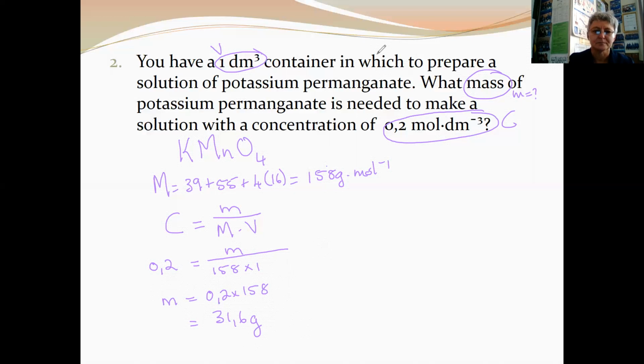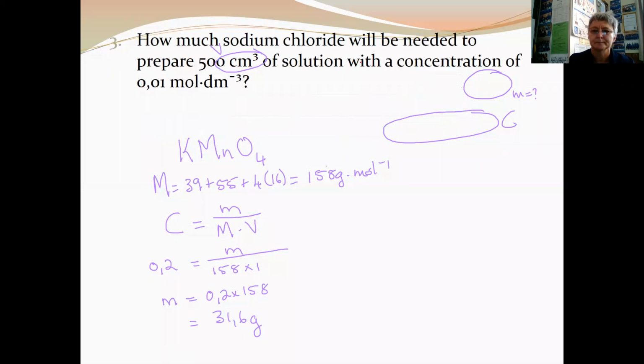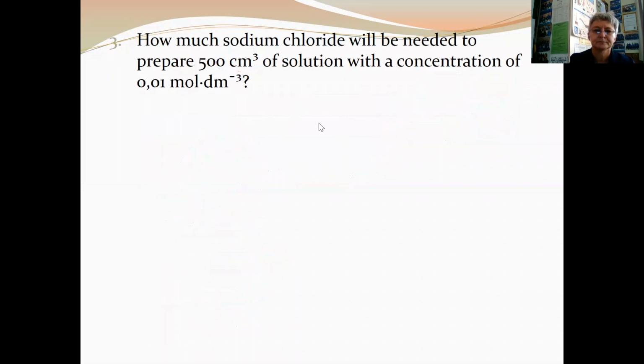Righto, number 3. Number 3 asks us, how much sodium chloride will be needed to prepare 500 cubic centimeters of a solution with a concentration of 0.01 mole per cubic decimeter? I'll do this one in 2 different steps.